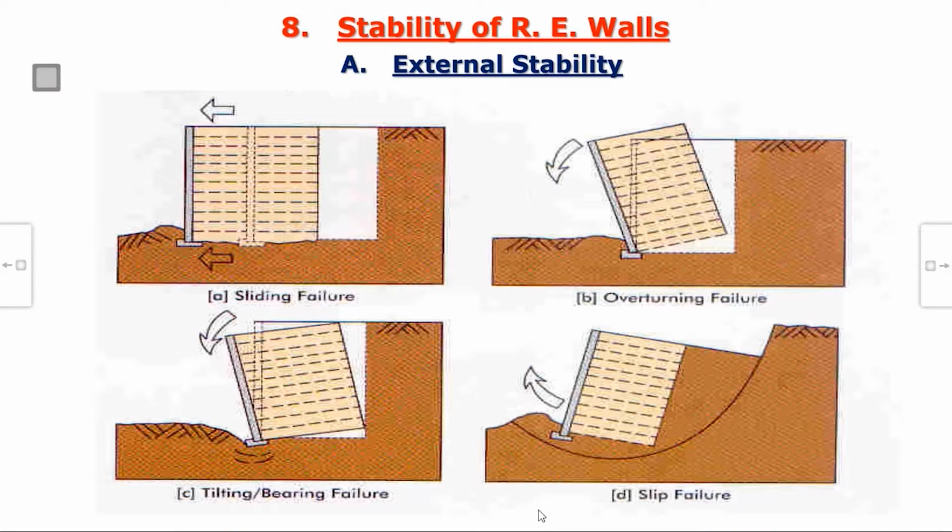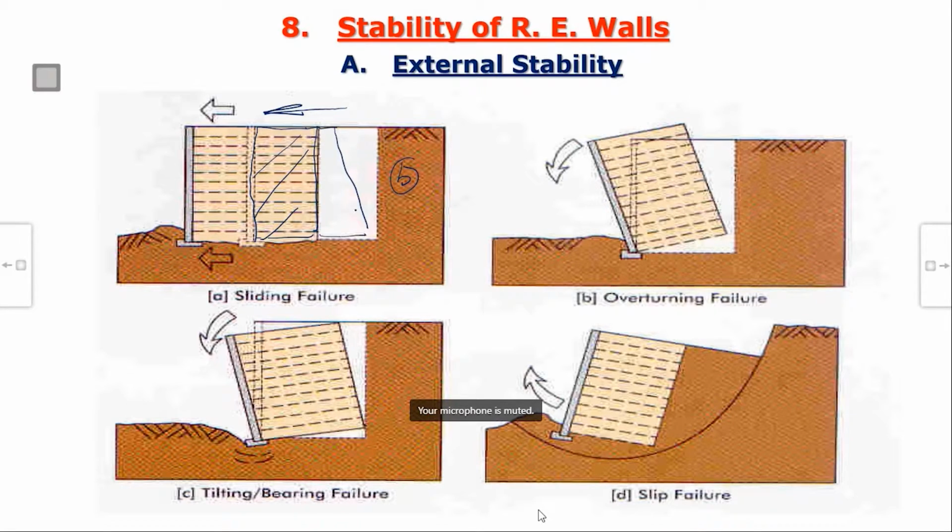Now when we talk about stability, let us say this is my initial position of my RE wall and this is a rigid block. There will be a horizontal force on this. From where will this horizontal force come? Behind this rigid block, the backfill is exerting earth pressure.